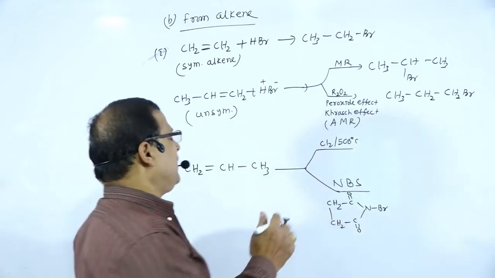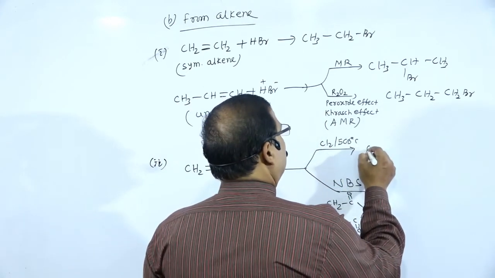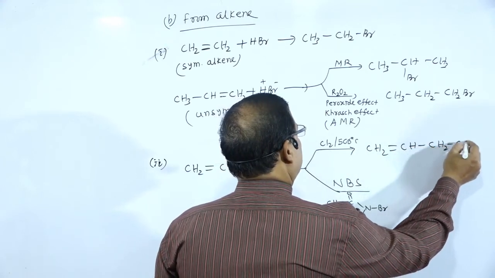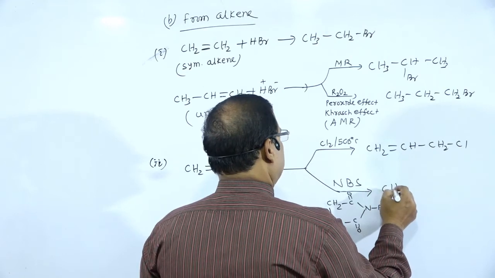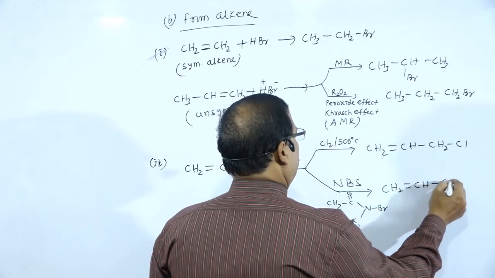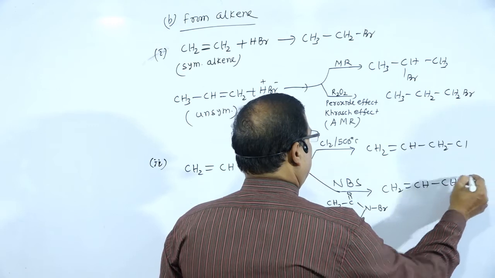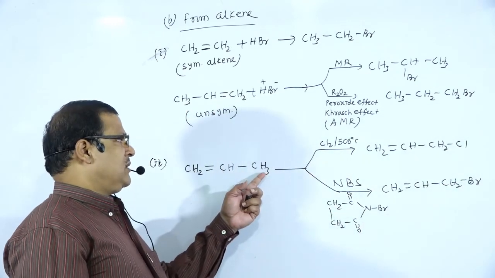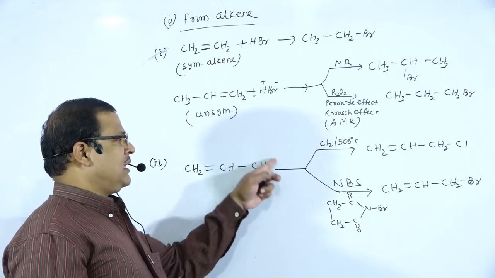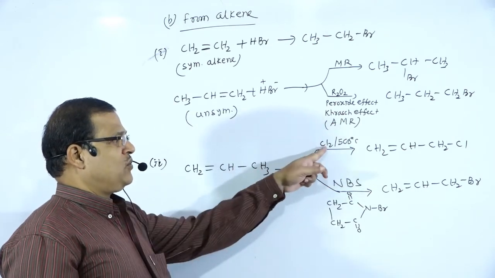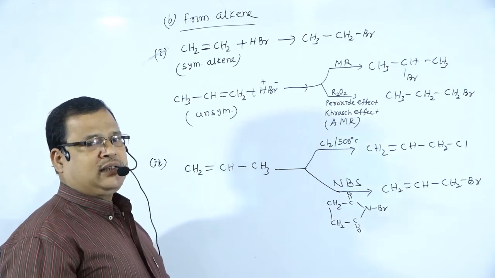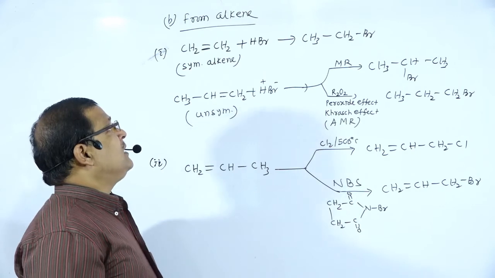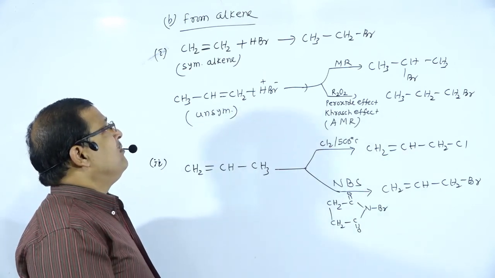So the product will be CH2=CH-CH2Cl, or in this case CH2=CH-CH2Br. Hydrogen atoms in the allylic position are replaced either by chlorine or by bromine from NBS. So this is regarding the methods of preparation of alkyl halides from alkenes.